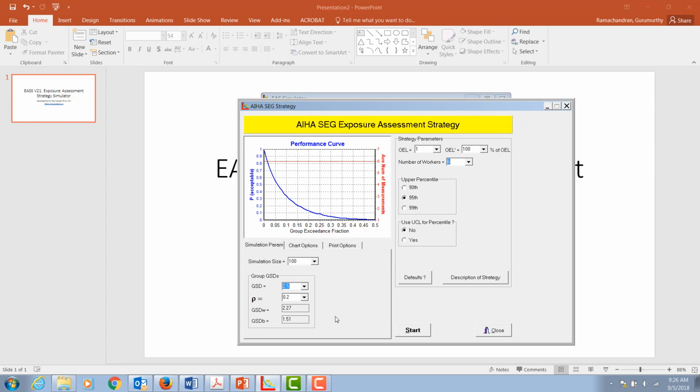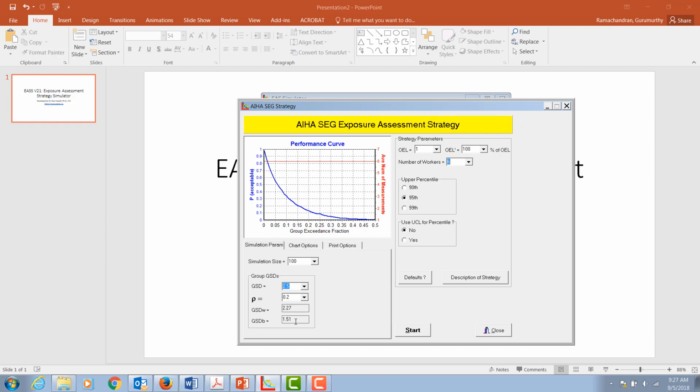And then there is a parameter called rho, which is the ratio of the between worker variability to the sum of the between and within worker variability, so it's the ratio of the between worker variability to the total variability. The geometric standard deviation of the within worker variability is 2.27, and the geometric standard deviation of the between worker variability is 1.51. As we can see, the GSD of the within worker variability is much greater than the GSD of the between worker variability.